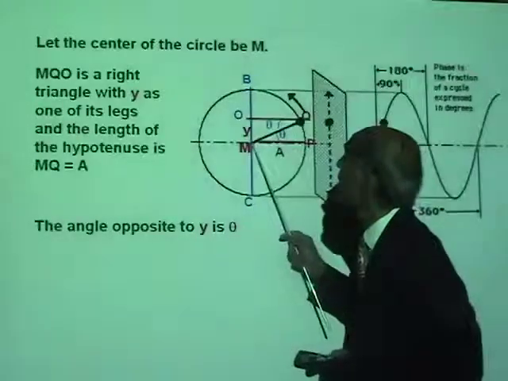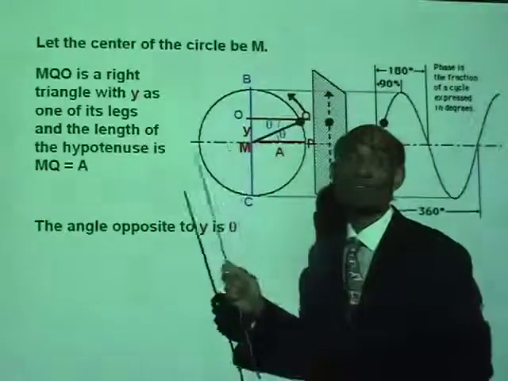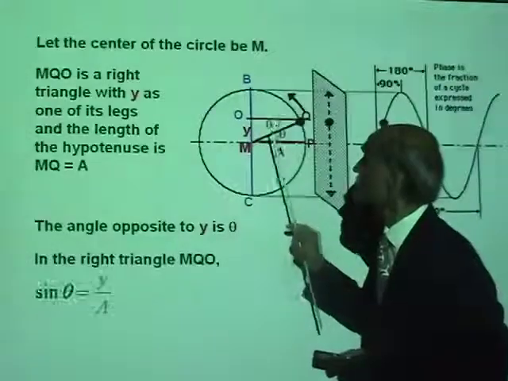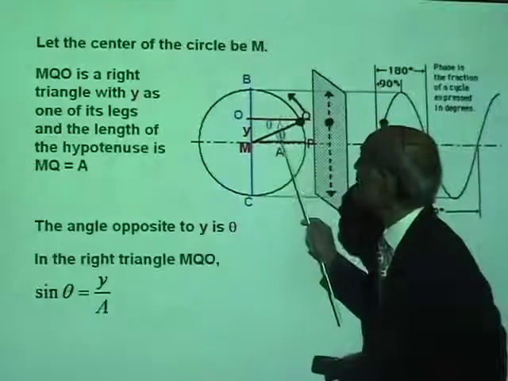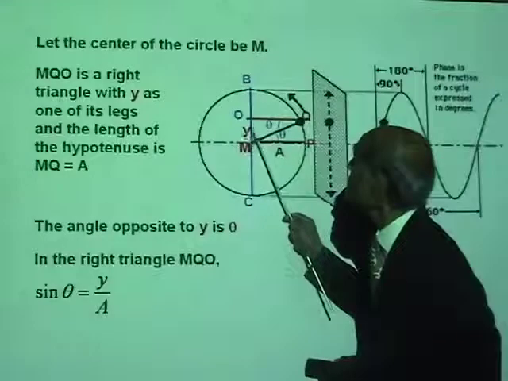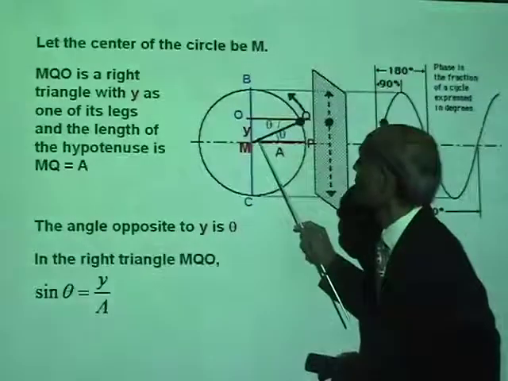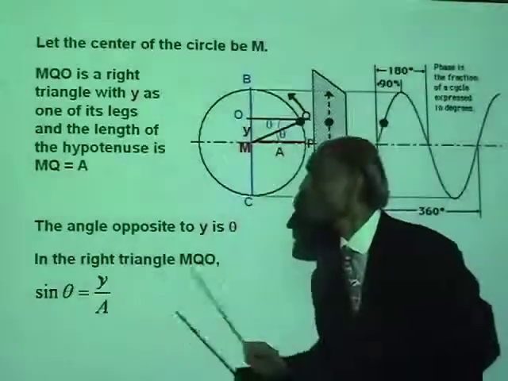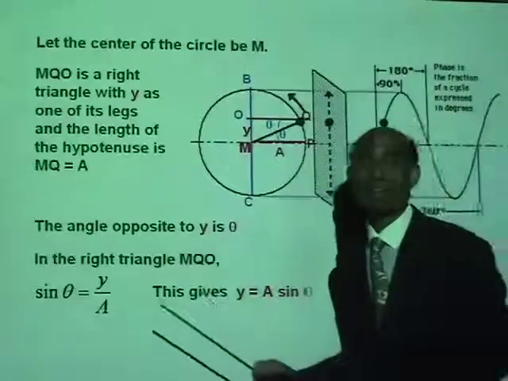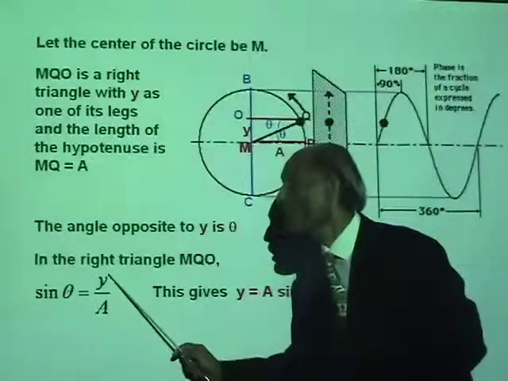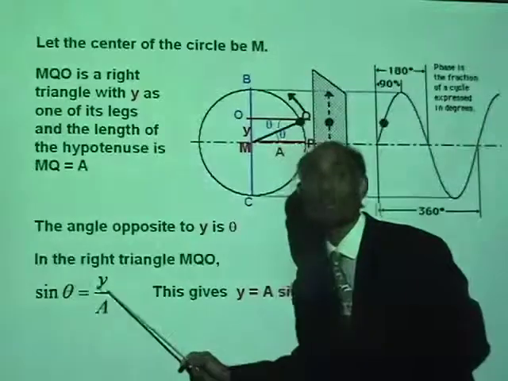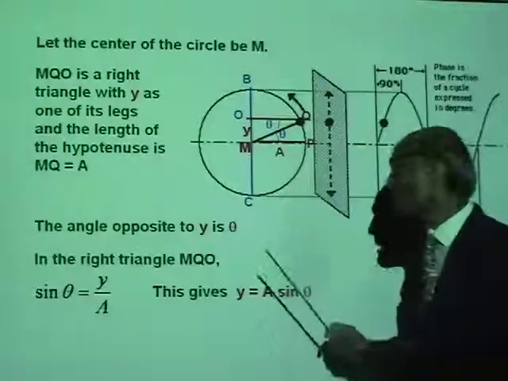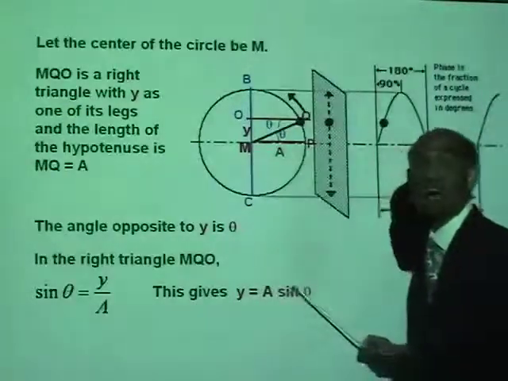Remember, the length of the hypotenuse is A. In the right triangle MQO, sine theta is opposite side divided by hypotenuse, which is Y divided by A. Sine theta equals Y divided by A, and therefore, to solve for Y, multiply both sides by A, you get Y equals A sine theta. That means Y is a sine function.